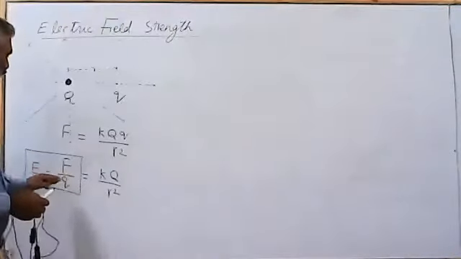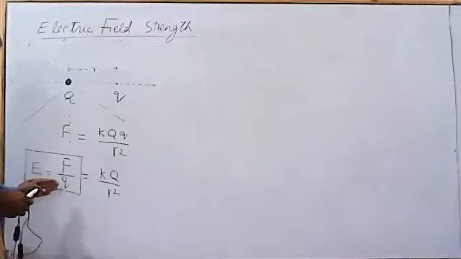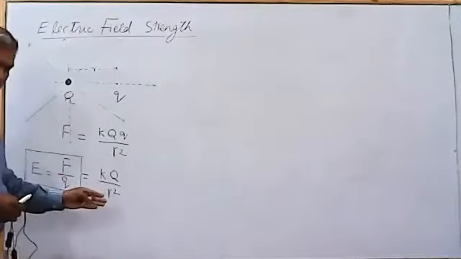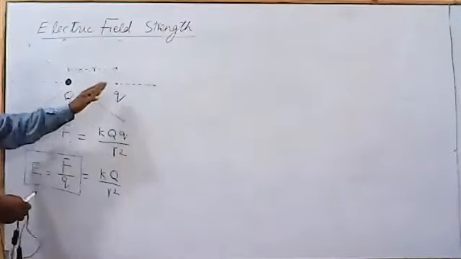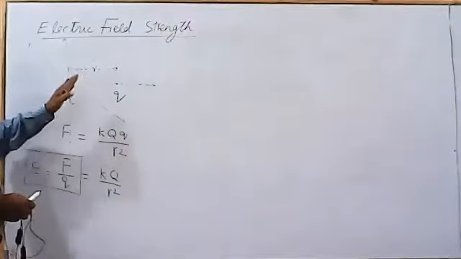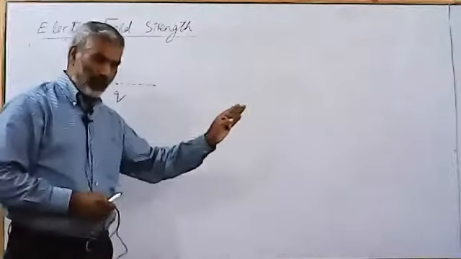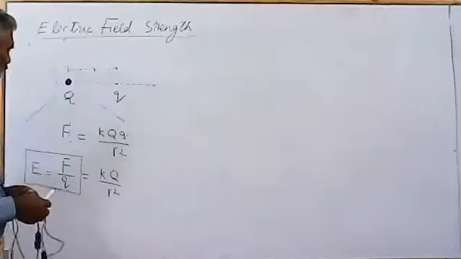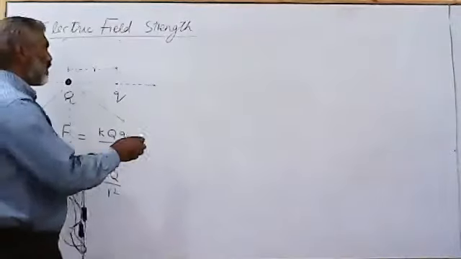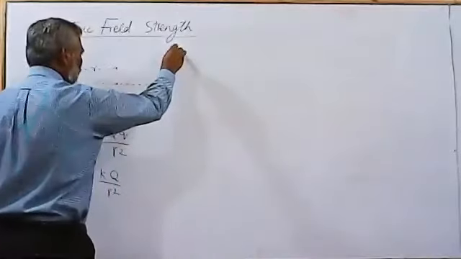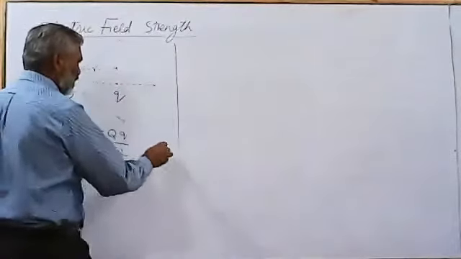That of course is a variable and it depends on the position. The electric field is very strong when you come very close to the charge, and it weakens as you move away from it. This is often expressed with the help of graphs.